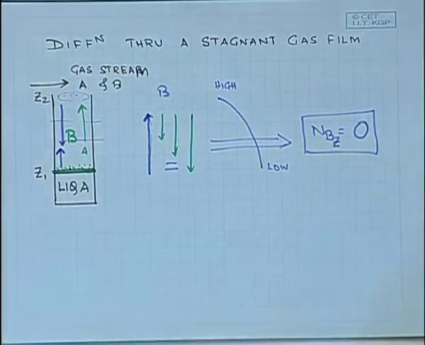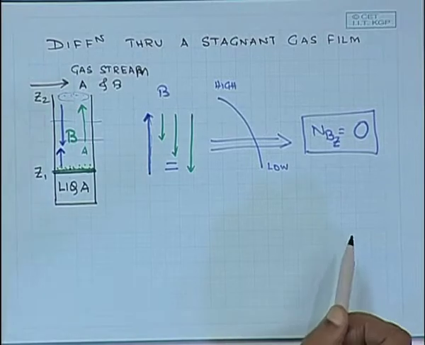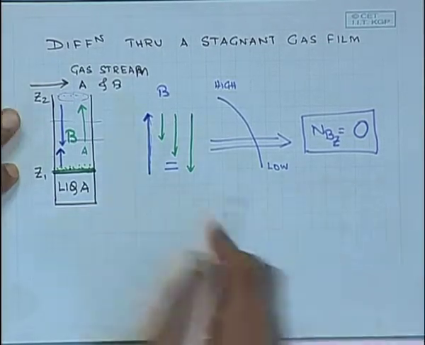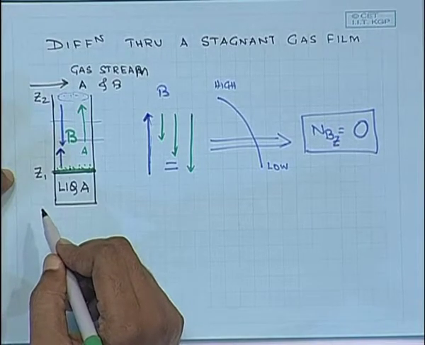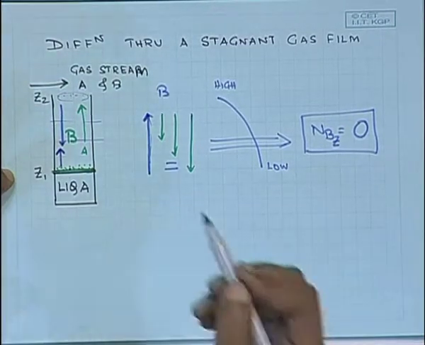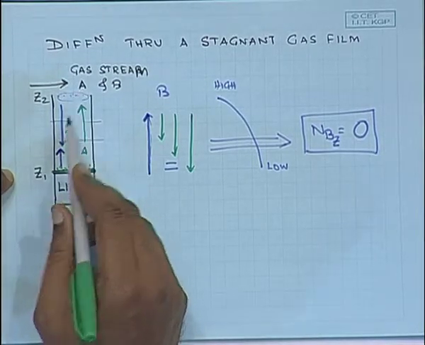Now, we are in a position to go for our use of shell mass balance. So, what shell would I choose? What would be its differential dimension? dz. Very good, because concentration of A is changing in the Z direction.